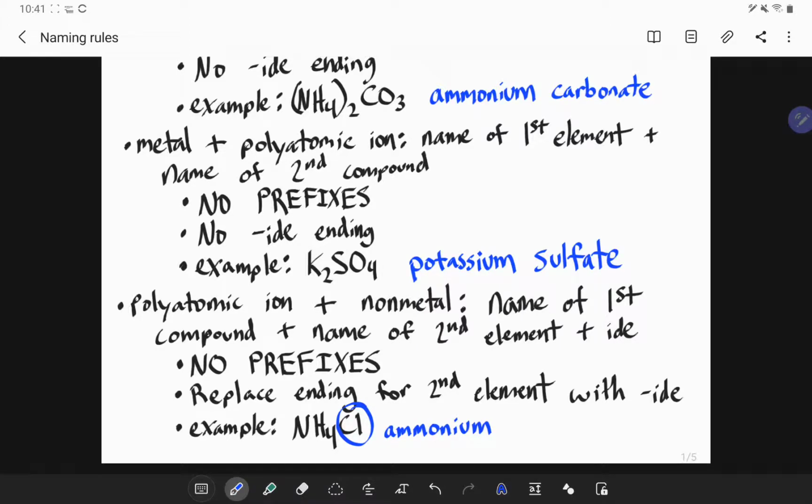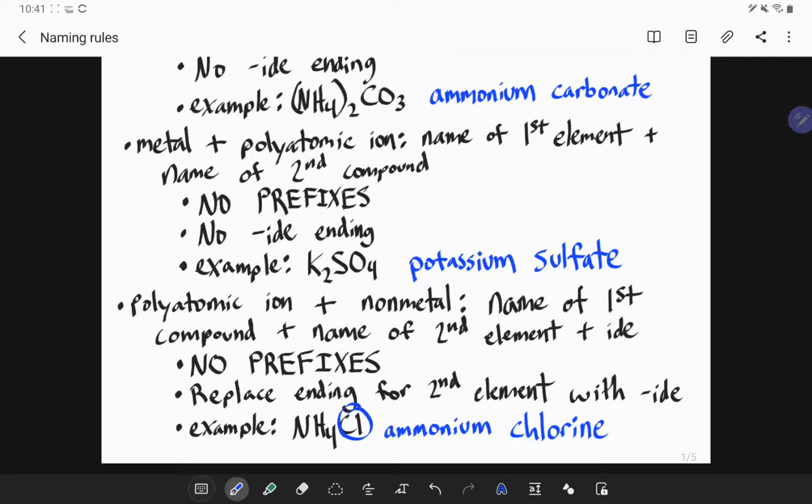So we have Cl is chlorine. But we have to abide by this second rule: we're going to replace the ending of the second element with IDE.